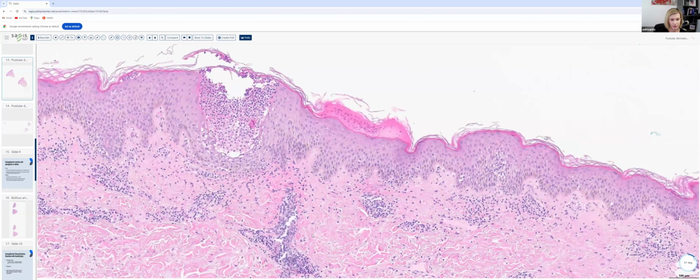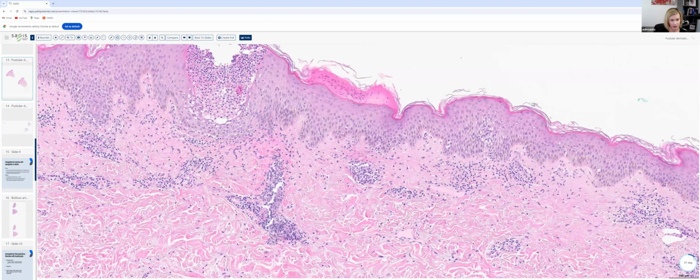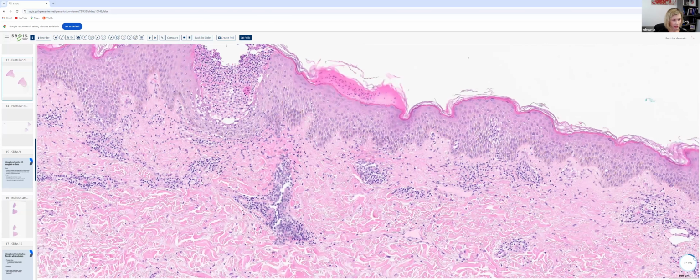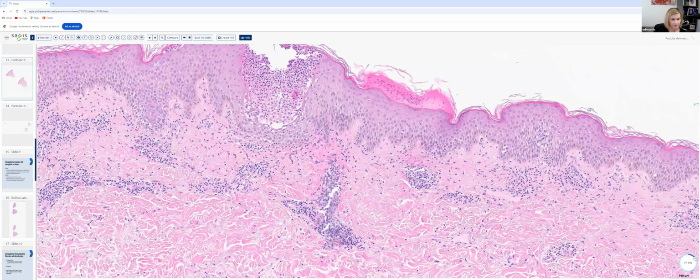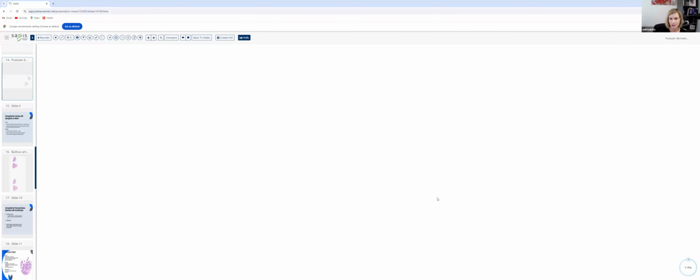So another pustular process with a superficial dermal inflammatory infiltrate containing lymphocytes, a few neutrophils, and occasional eosinophils. So again, this could be a case of AGEP. It's not quite as spongiotic as the previous case, but with spongiosis and pustules, we certainly would want to consider that. But again, we would want to perform our stains for organisms.